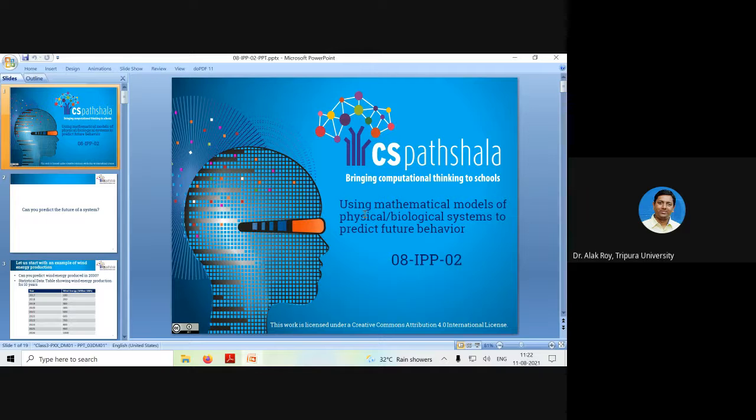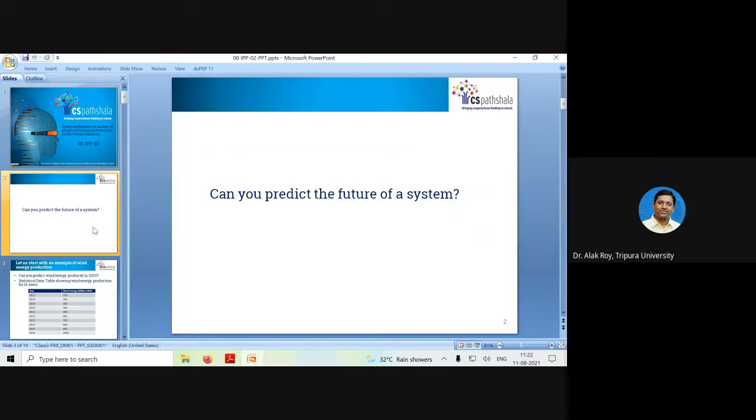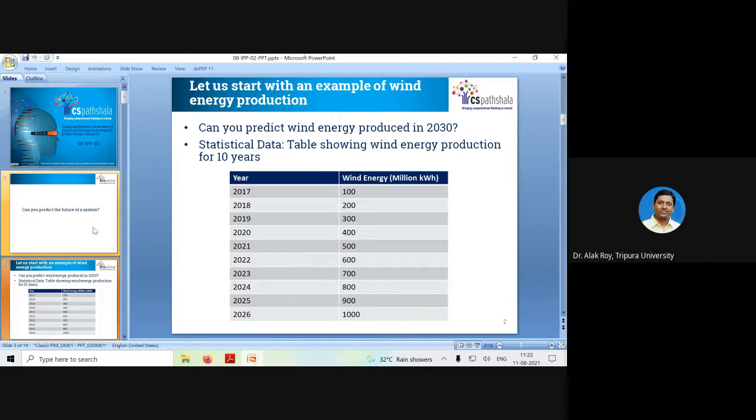The second slide is all about using mathematical models of physical and biological systems to predict future behavior. So in class 8, they will be able to predict the future of a system by using examples like, can you predict wind energy produced in 2030? If data is provided to them, like in 2017 it is 100, 2018 it is 200. Similarly, what will be the result in 2030?